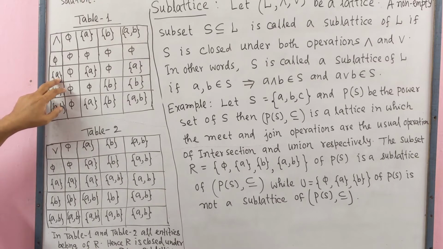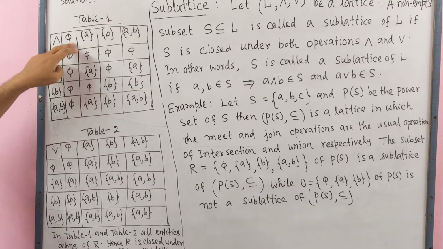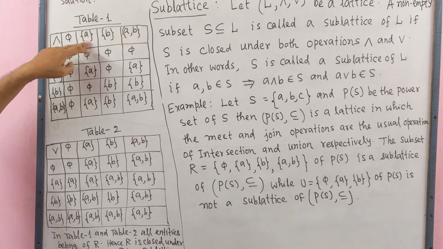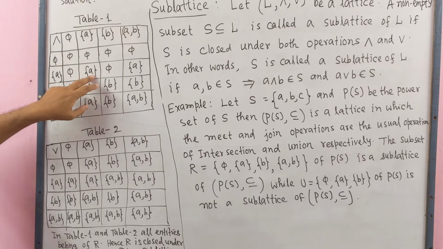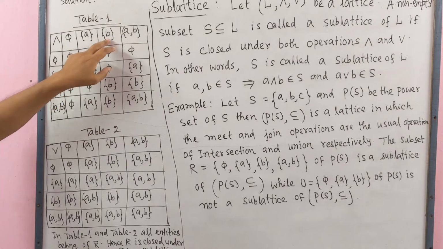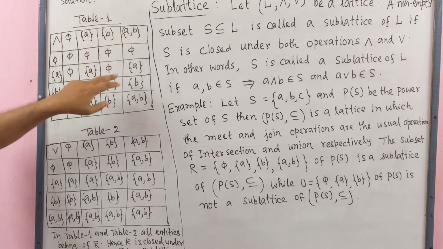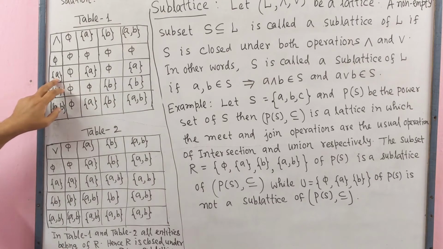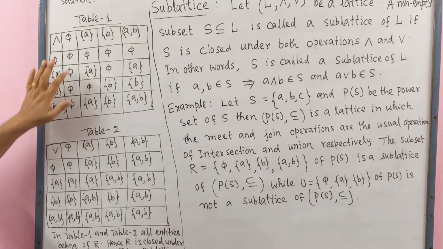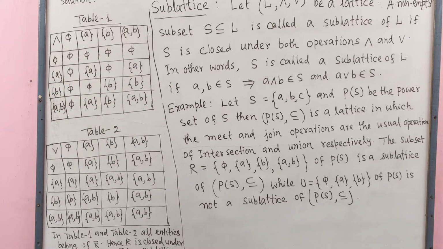Here {a} and phi intersect gives phi. {a} and {a} intersect gives {a}. {a} and {b} by intersection give phi. Similarly, this and this element by intersection give {a}. And we may find the different elements of the table.